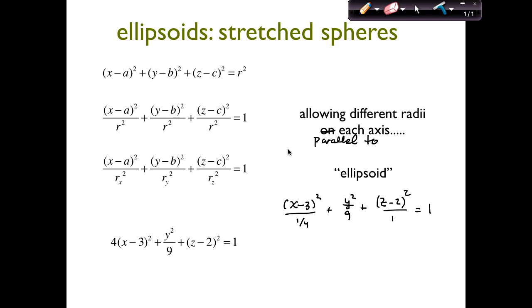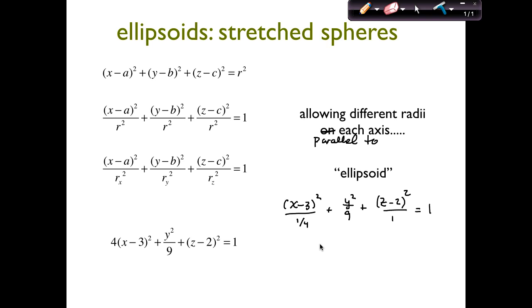Okay, so what's the effect of x minus 3 instead of just x? To get the same x values we had if it were just x squared, what would we have to do to them? Add 3, right? So that moves it 3 in the positive x direction, because to get x squared over 1/4, all the x values would have to be 3 greater.